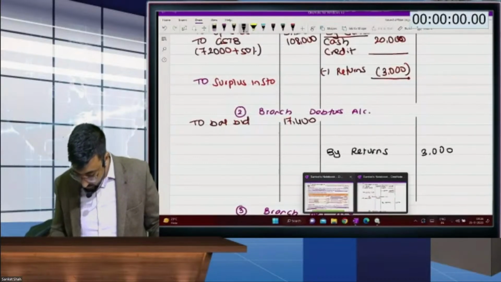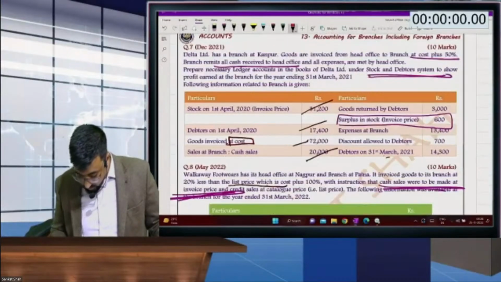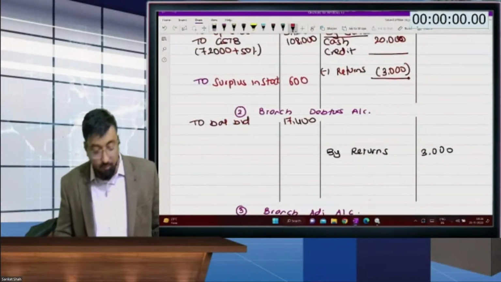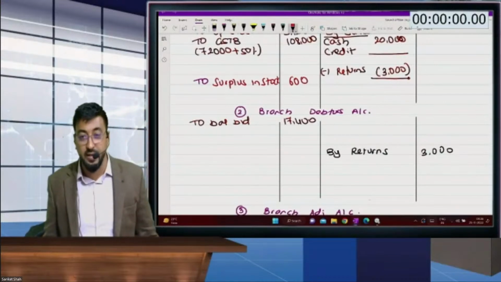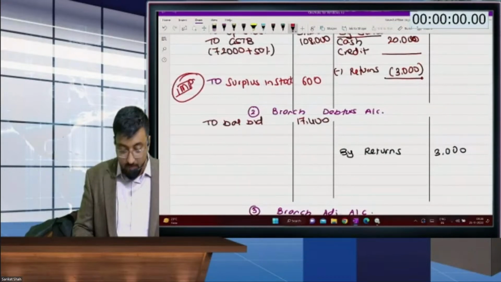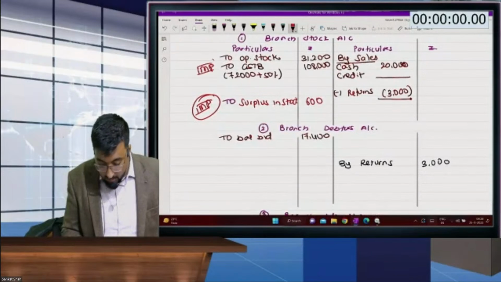Next, now red pen, to surplus in stock at invoice price. Now, this is something important. Surplus is on the debit side, shortage on the credit side. So surplus on the debit side. So this is IMP. And at cost is also IMP, yeah, beta.